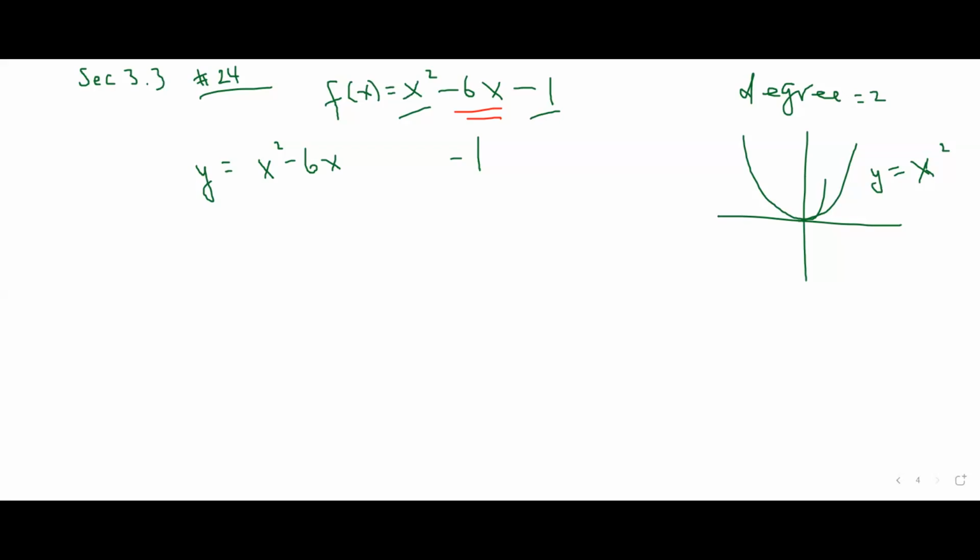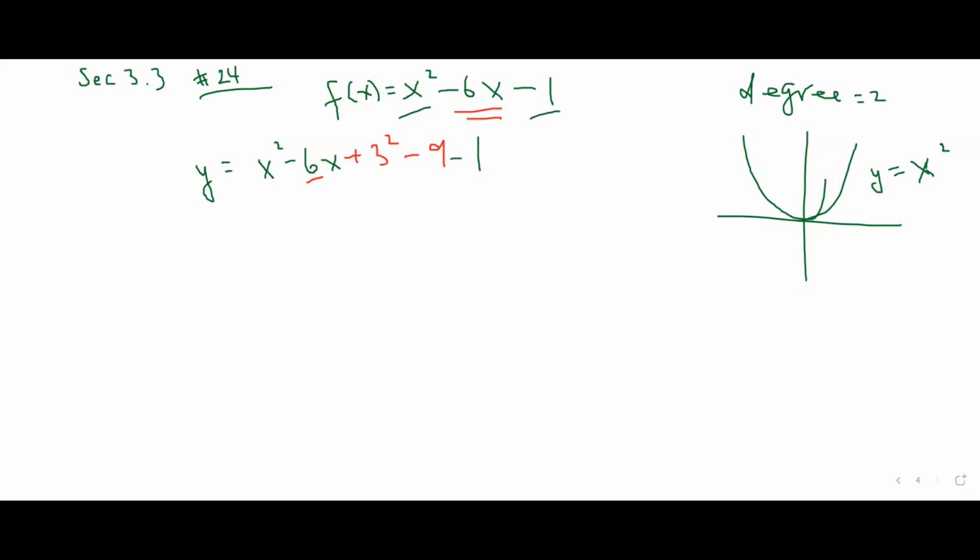So I want to take a half of it. So always divide number 6 by 2, and this is going to be 3, right? So I add 3, don't forget to square it, and subtract that 3 squared, which is 9.